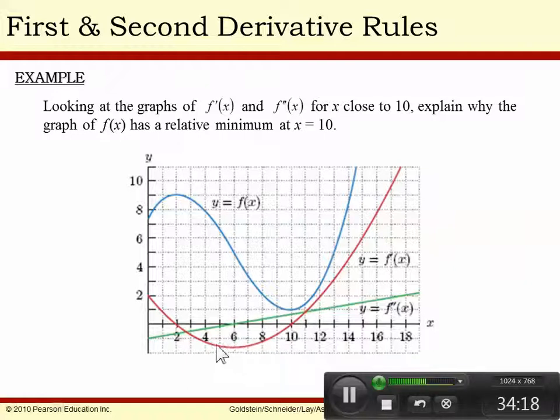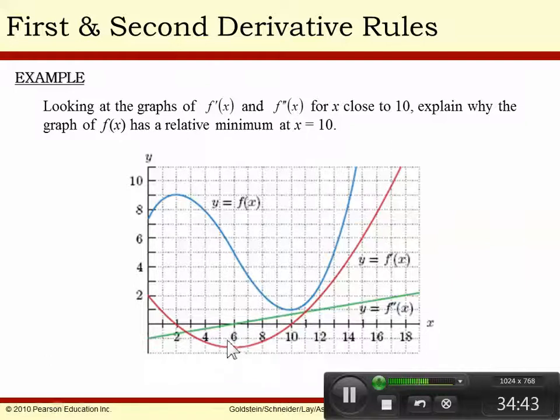So in this region is the function going up or down? It's going up. So forget about the picture. Think about the definition. What does it mean the function is doing if the first derivative is negative? Going down. And look at that. That's what I said in the class.